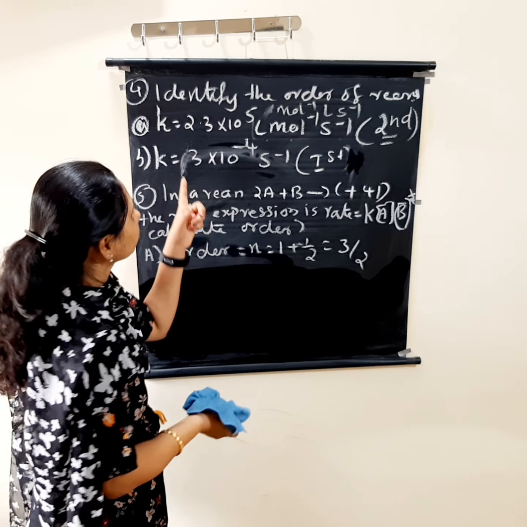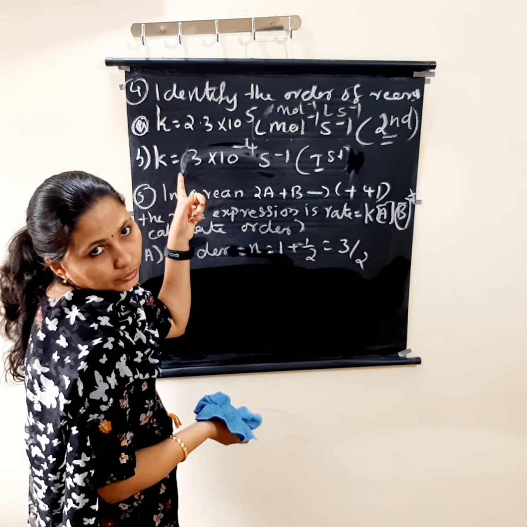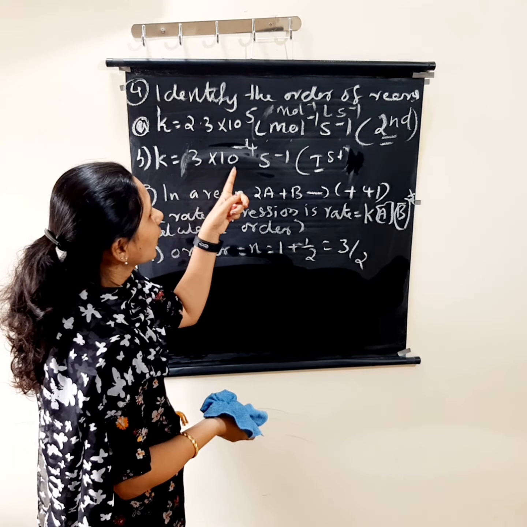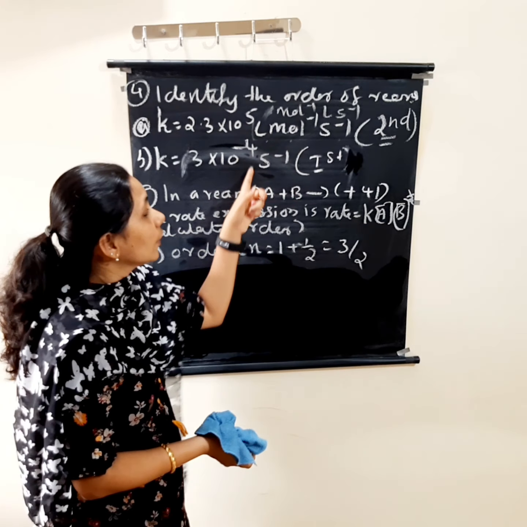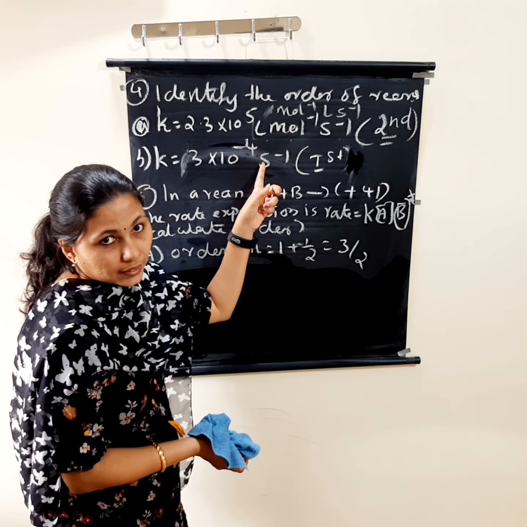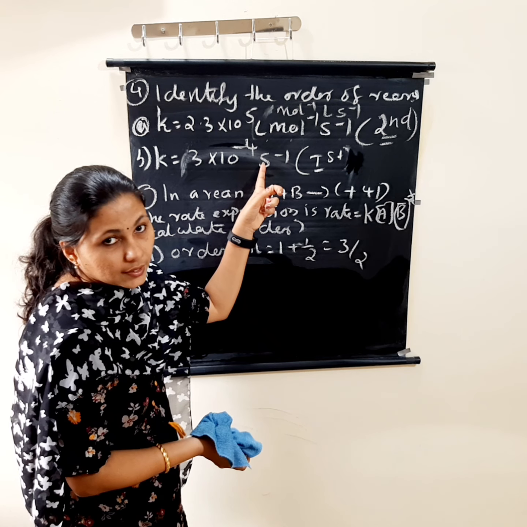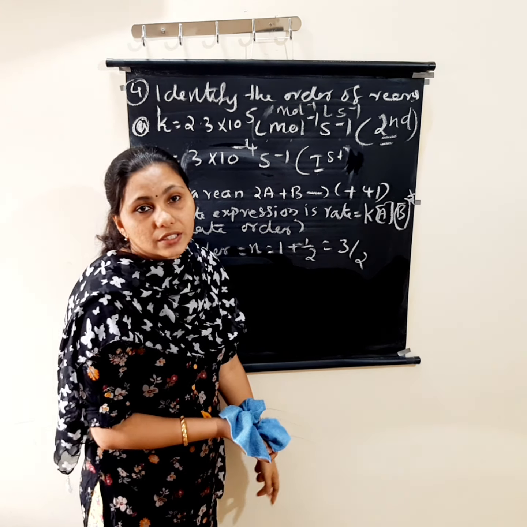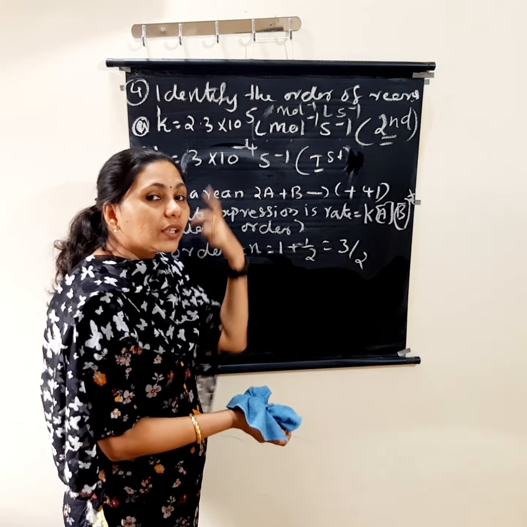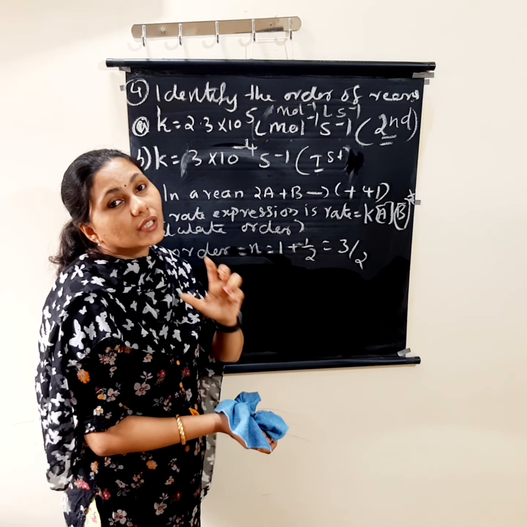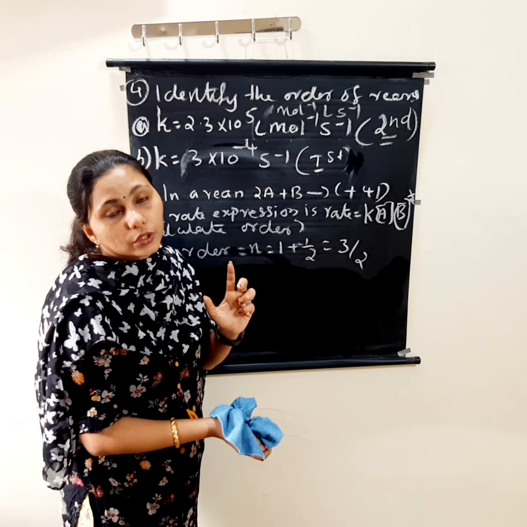Then here the rate constant K equals 3 into 10 raised to minus 4 per second. If the unit of the rate constant is only per second, which order reaction is this? First order reaction. They can give any value, but you have to see the unit of the rate constant.